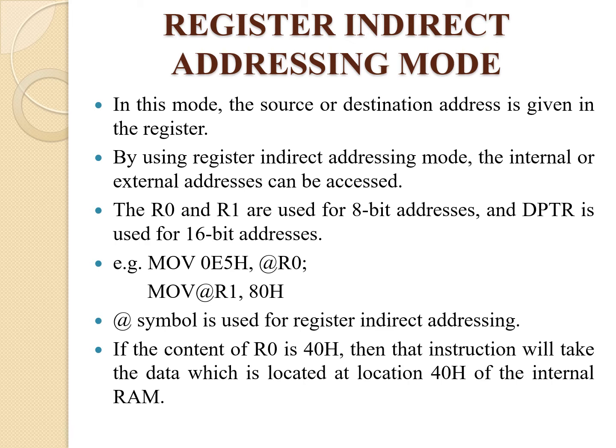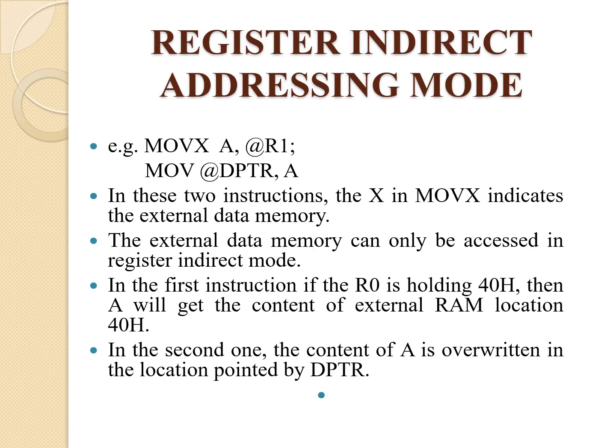Now you can see here one common thing, that is the @ symbol is used, and this symbol is used for register indirect addressing. So if the @ symbol is there in the instruction, one can easily say that the addressing mode of the instruction is register indirect addressing mode. If the content of R0 is 40H, then that instruction will take the data which is located at location 40H of the internal RAM.